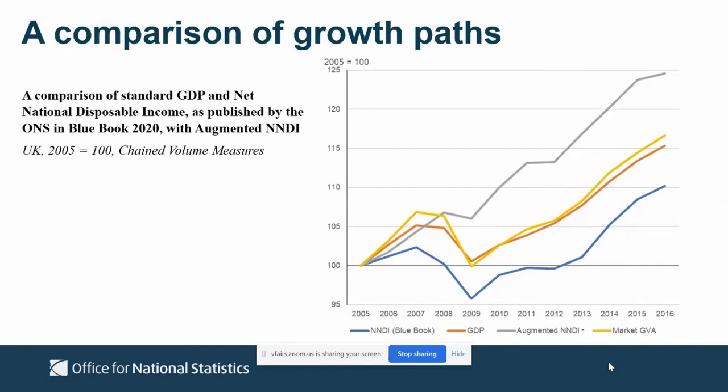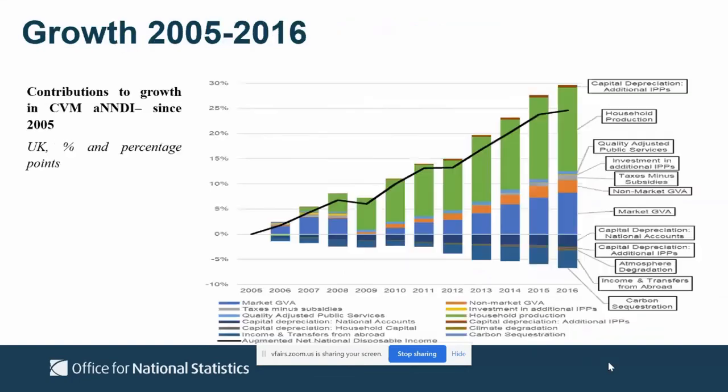It definitely doesn't look like the worst recession since the war at that point in time. Whereas if you look at the GDP or the market sector GVA or the Blue Book NNDI numbers, you most definitely get that impression. So the question is, as I said before, how do you decompose this? How do you understand where that difference opens up in 2008-9?